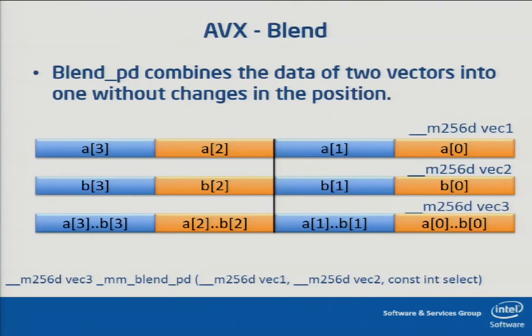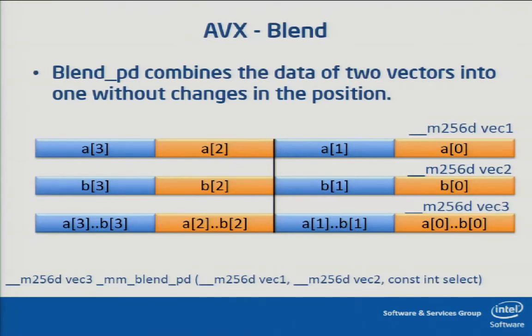Now, coming to something completely different, we want mixes of two vectors. You have two vectors that have fields that need to be mixed into a single vector. The appropriate operation for doing that is called a blend. By the way, there's a typo.